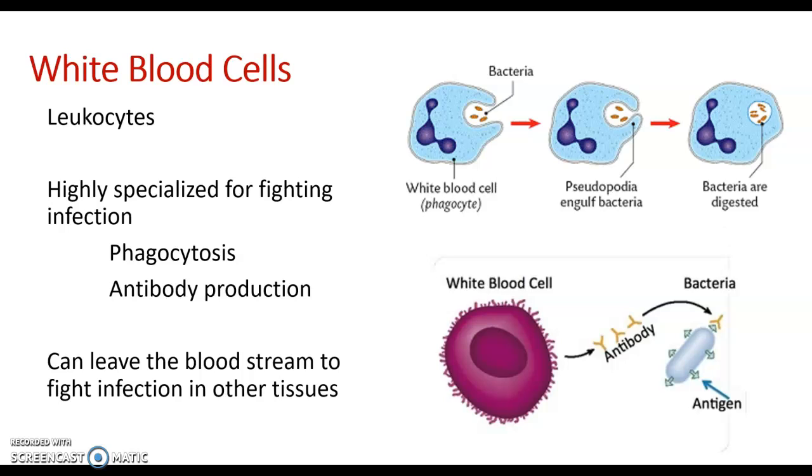So if you have an infection, let's say you've got a respiratory infection in your lung tissue, and your body has said, oh my gosh, we are sick, we need help over here, your white blood cells can leave the bloodstream, leave the confines of the arteries and veins, and they can go out into your lung tissue to help fight that infection. If it's a bacteria or a virus, it will do that within the tissue itself.